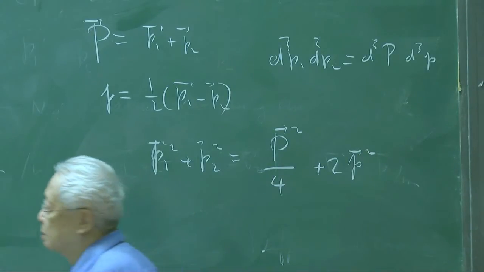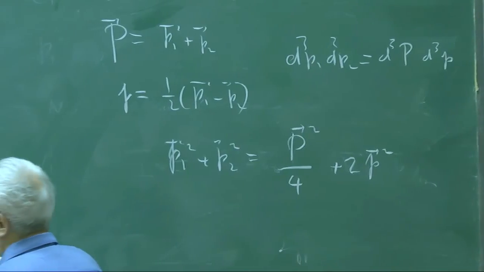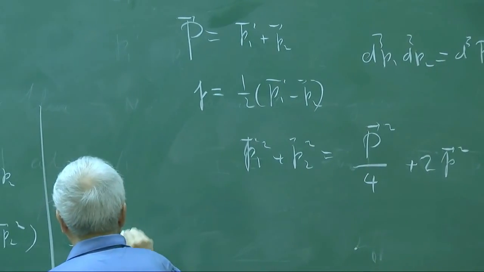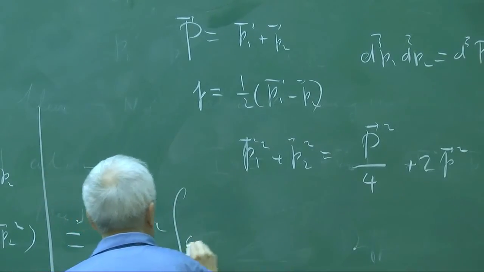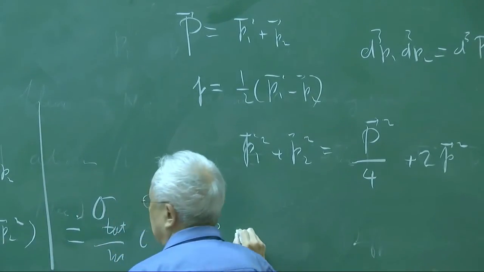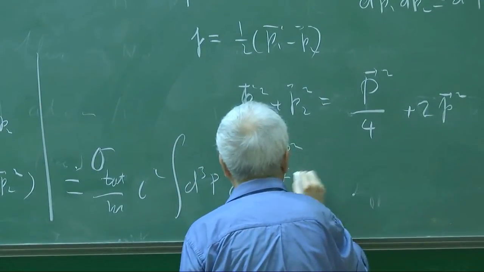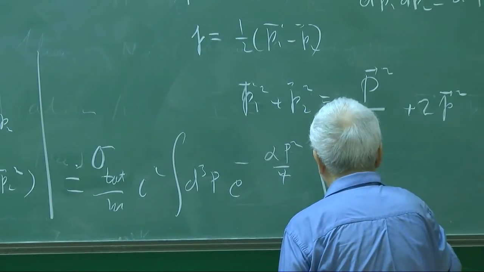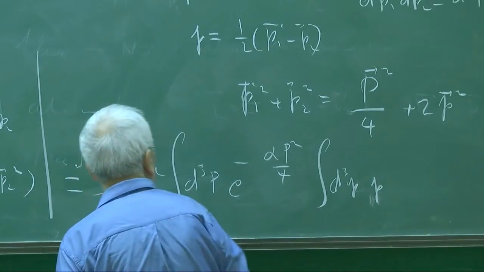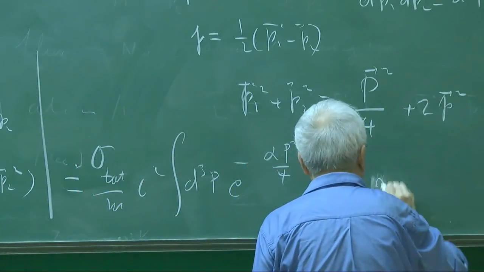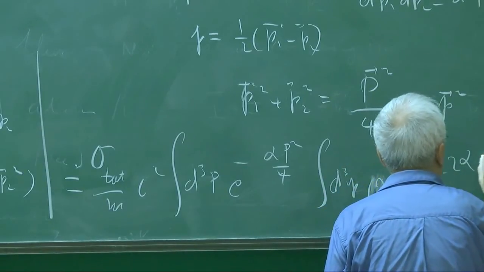And then with this, the integral just becomes the total cross section equal to m c squared, integral d3P e to the minus alpha P squared over 4, times integral d3p times the magnitude of p, or twice that, 2p times that, times e to the minus 2 alpha p squared.